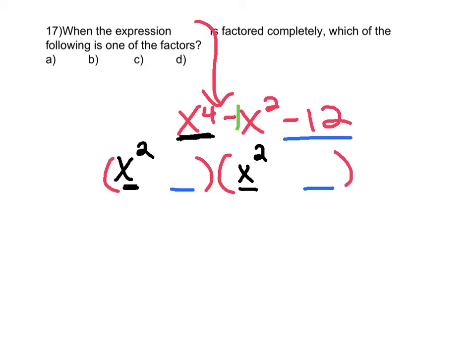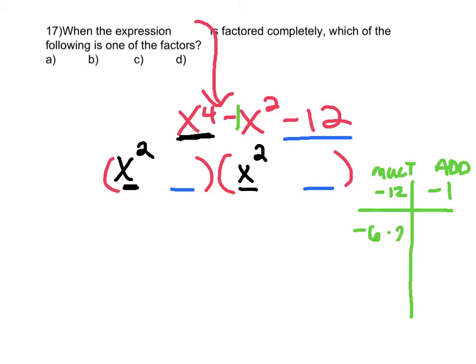So these two have to multiply to give me -12, but they also have to add to give me the -1. What I'm going to do here is I'm just going to make a little table and know that it has to multiply to give me -12, but it's got to add to give me a -1. So if I start thinking of some combinations there, I know that -6 times 2, -4 times 3, we could do 4 times negative 3.